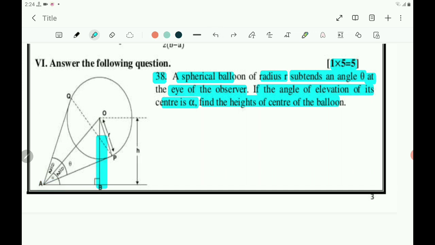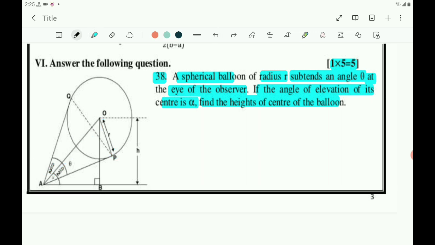In the right angle triangle OBA, the angle of elevation is alpha. Alpha is the angle of triangle OBA, and theta by 2 is the angle of right angle triangle OPA. So let us apply the trigonometric ratio to both the triangles.